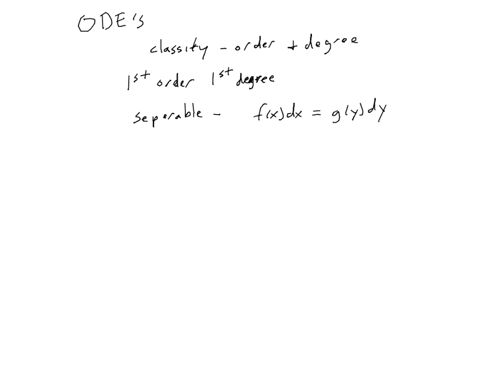Then both must be equal to constants. So if they're separable, you can just integrate and you're done. But this only works for first order, first degree. And if it falls in this category, then it's the easiest differential equation you could possibly get.